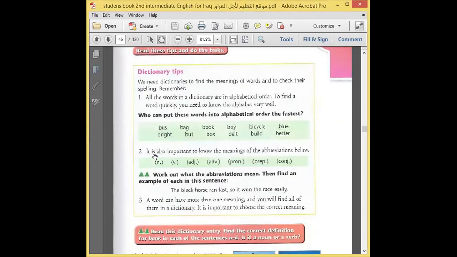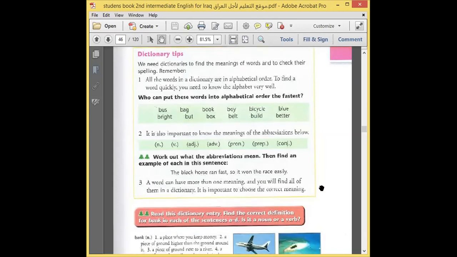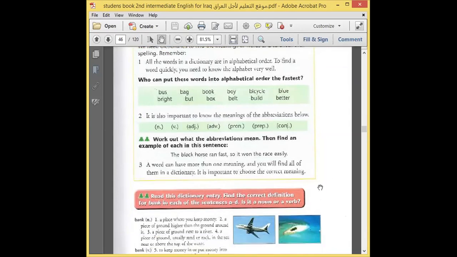Second, it's also important to know the meanings of the abbreviations below. And these are the abbreviations. Third, a word can have more than one meaning, and you will find all of them in a dictionary. It is important to choose the correct meaning.